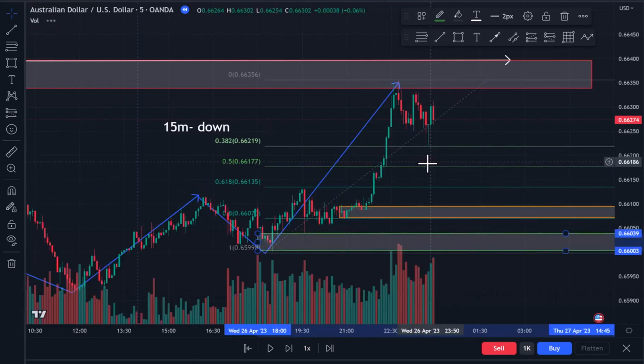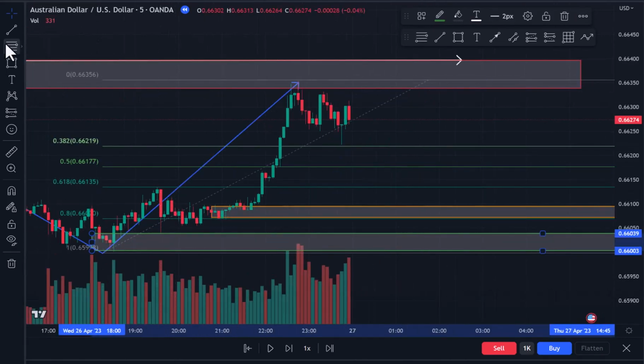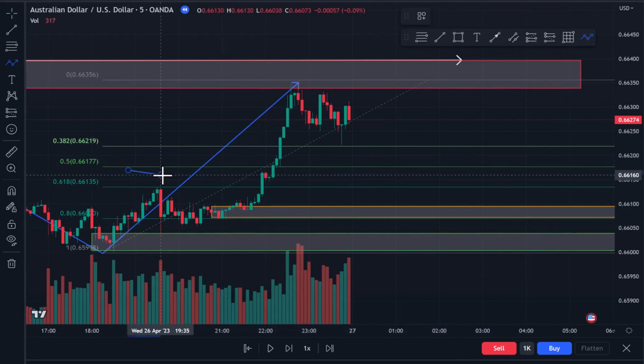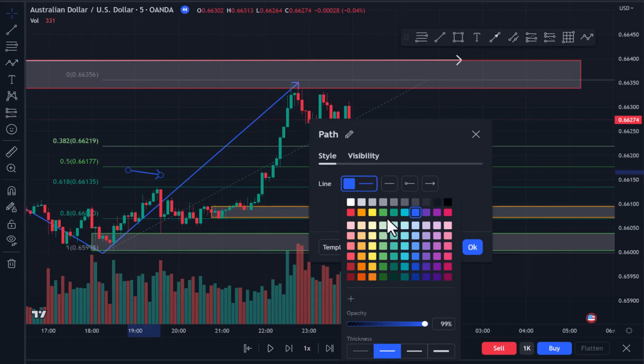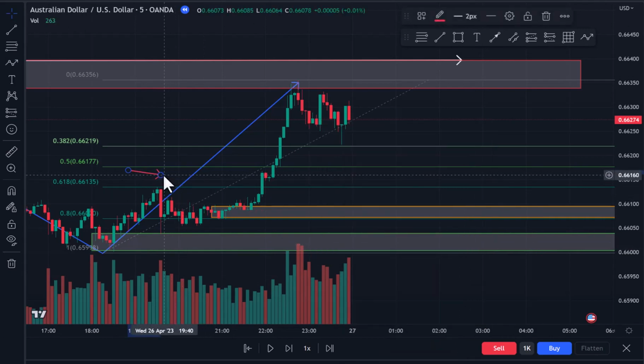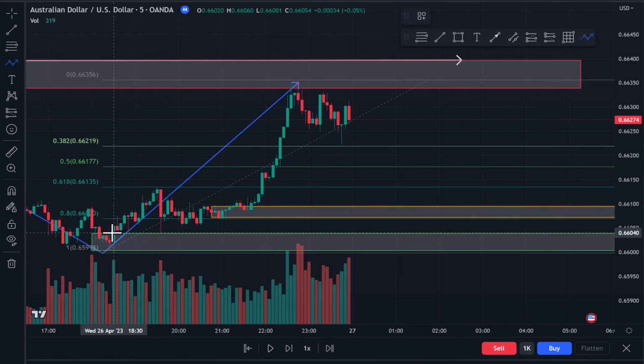But now on the 5-minute, just coming from the 15-minute key level, first we'll change our path to red. Coming from the 15-minute key level, we have just this pulse up with no real pullback in that movement. We have this lower low here, but this candle creates a range, so there's no real pullback here either.